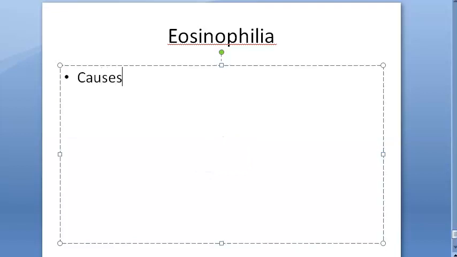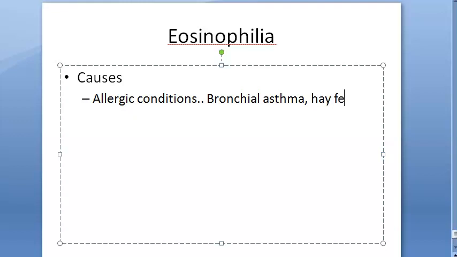So what are all the causes? Allergic conditions like bronchial asthma and hay fever. Parasitic infestations like hookworm, roundworm, tapeworm.